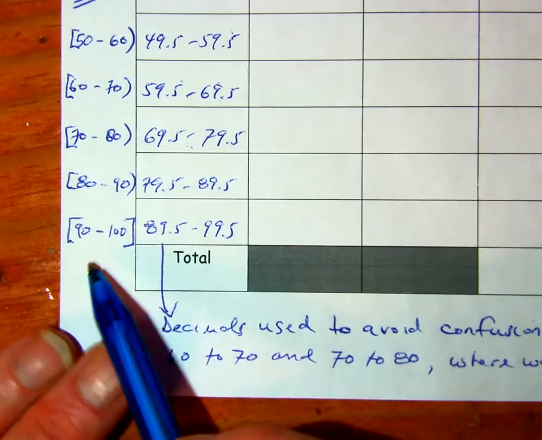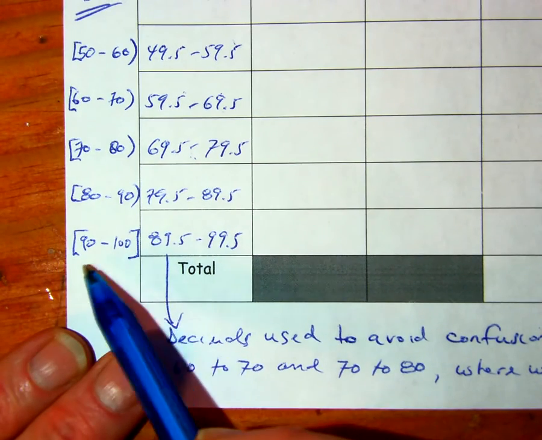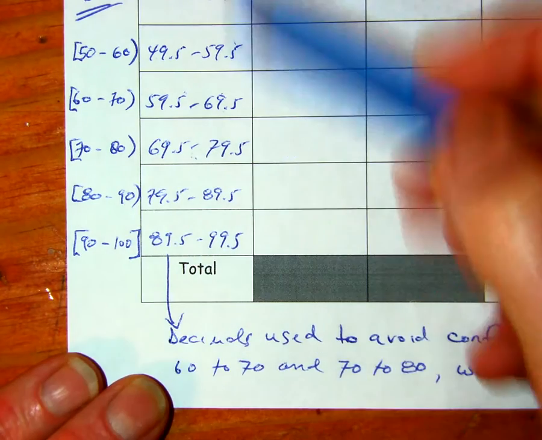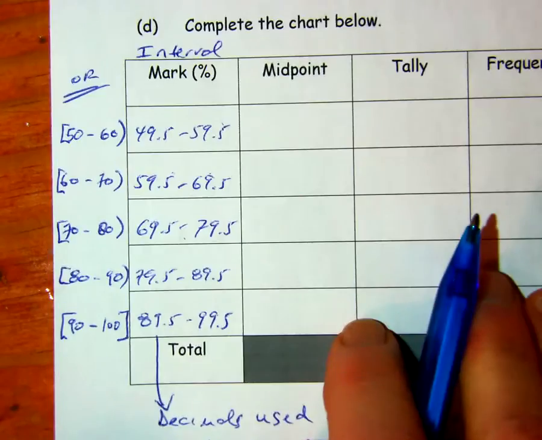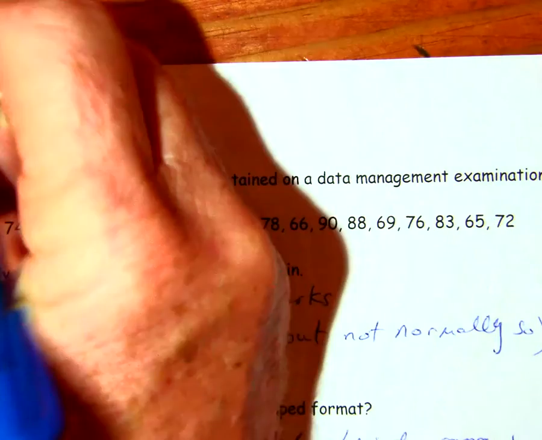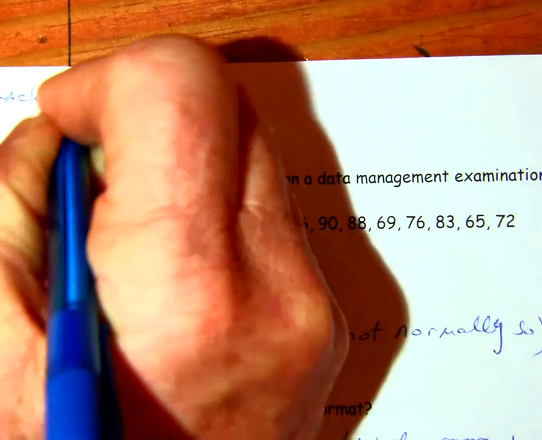You don't normally see this in the media, when you see things in the newspapers and stuff like that, using brackets like this. So most of the time they use this. So can I just make a little note way at the top? I'm going to make a little note about bracket notation.